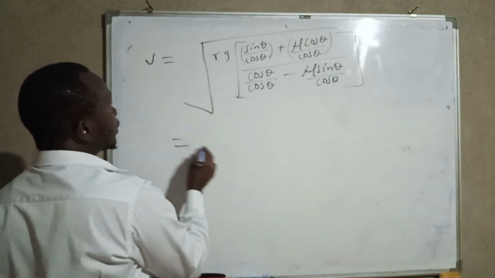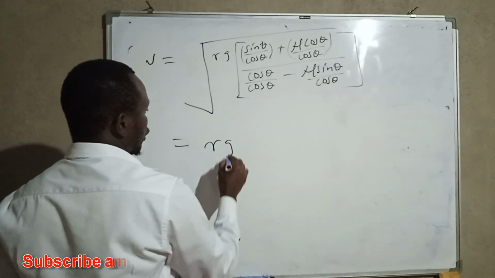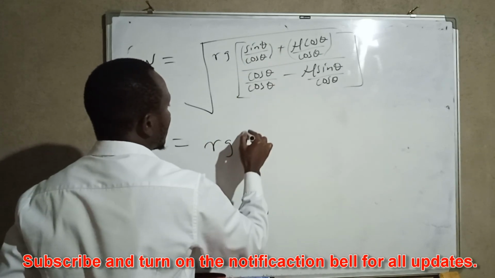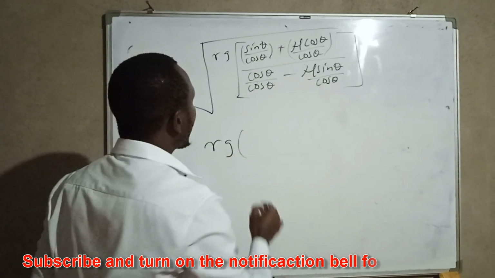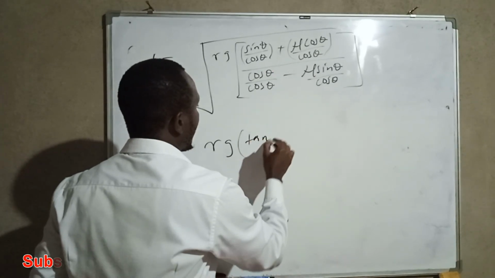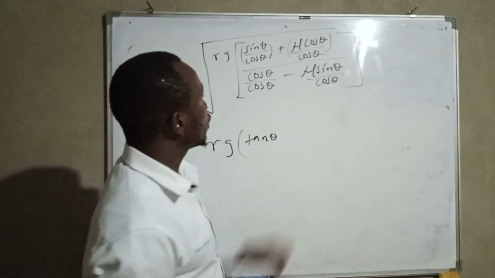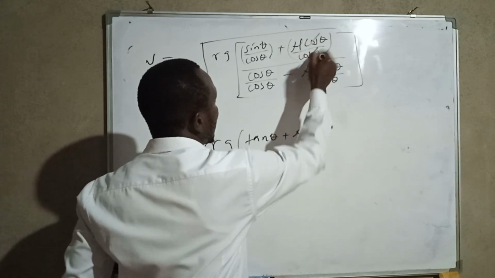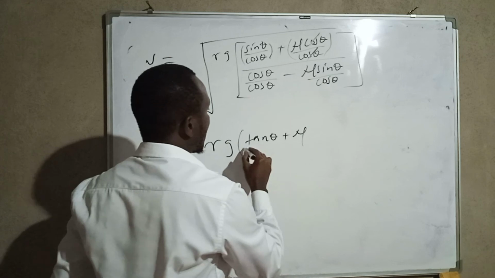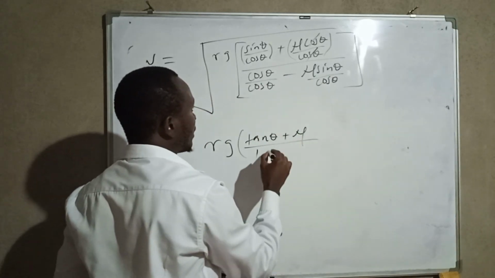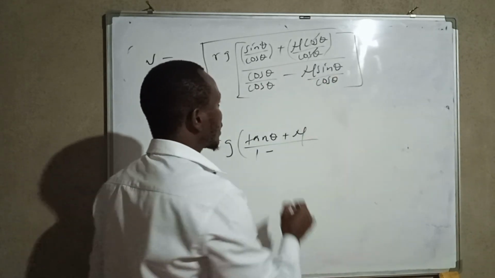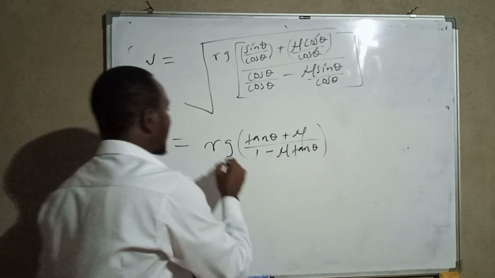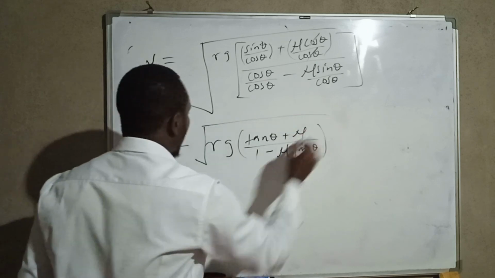We have v is equal to the square root of Rg, then sin theta over cos theta is tan theta, mu cos theta over cos theta we have just mu. Then here we have cos theta over cos theta is 1 minus mu sin theta over cos theta is mu tan theta. Now everything in square root.